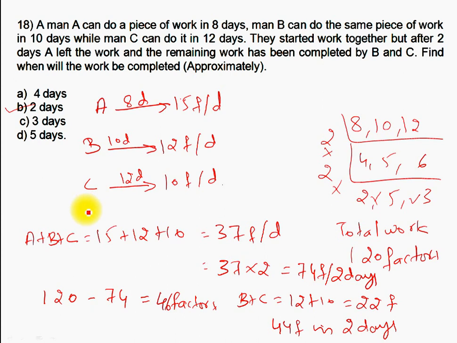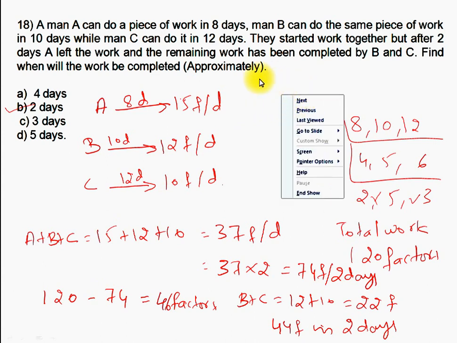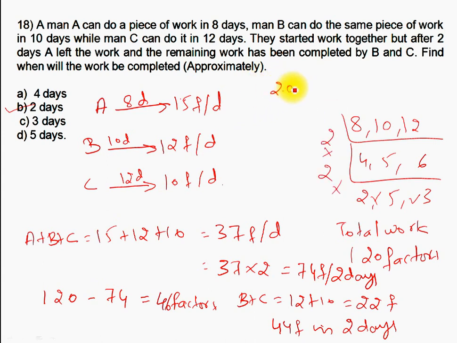If they have not mentioned approximation in the question and given a proper value, we can find it, no problem. If they ask in decimal, the answer would be 2.08 days, or we can say 2 by 22 days.